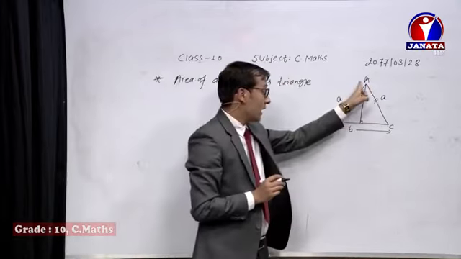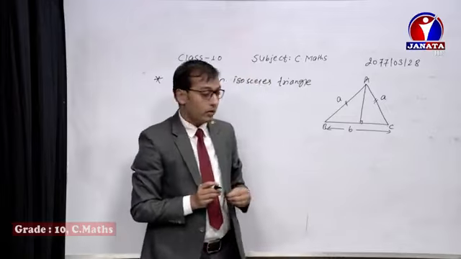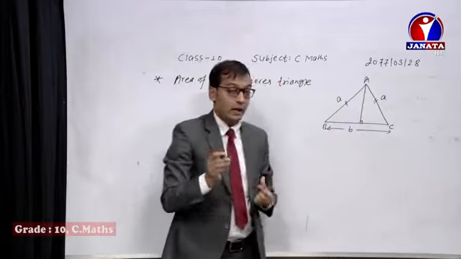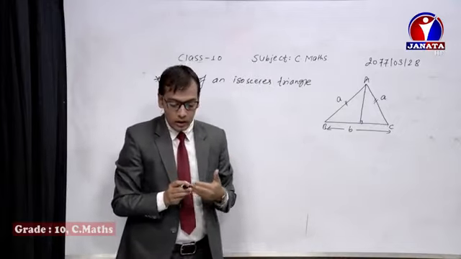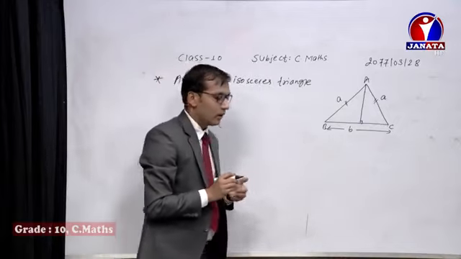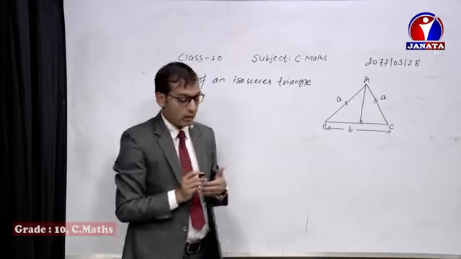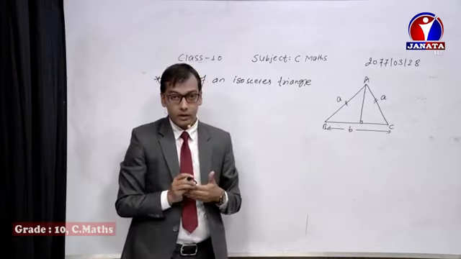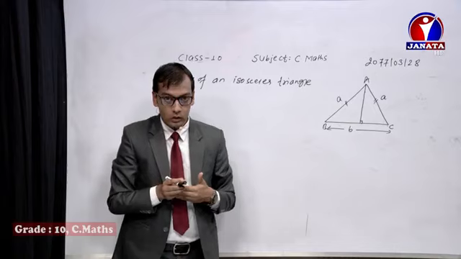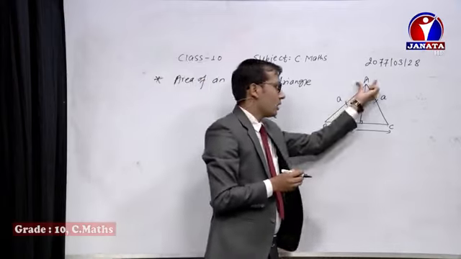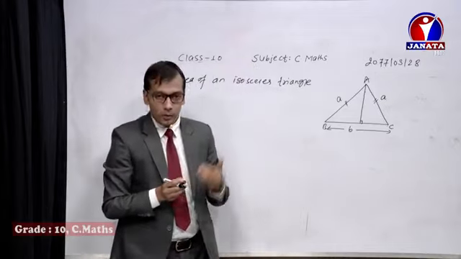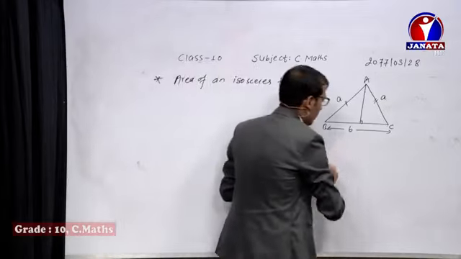Here the vertical angle is A. If a line bisects the vertical angle A, the bisector of the vertical angle of an isosceles triangle is the perpendicular bisector of the base. This is again one property of an isosceles triangle. If it bisects vertical angle A, then the perpendicular bisects the base.